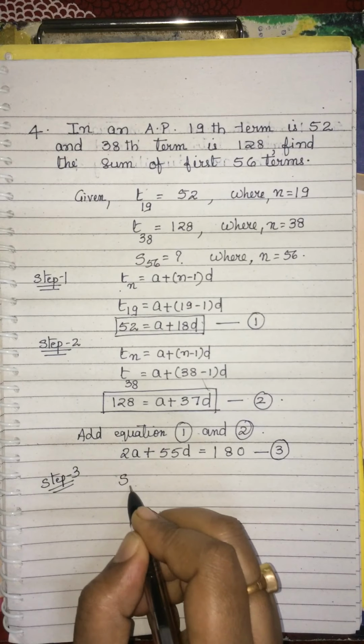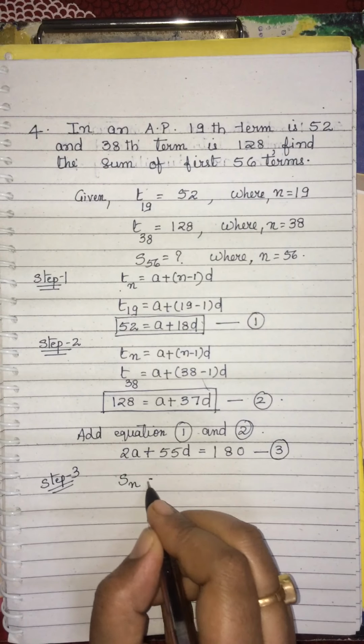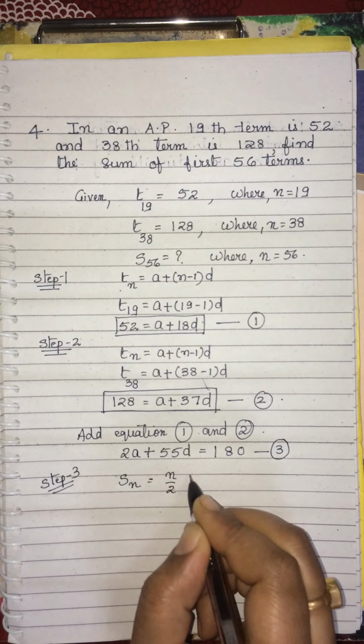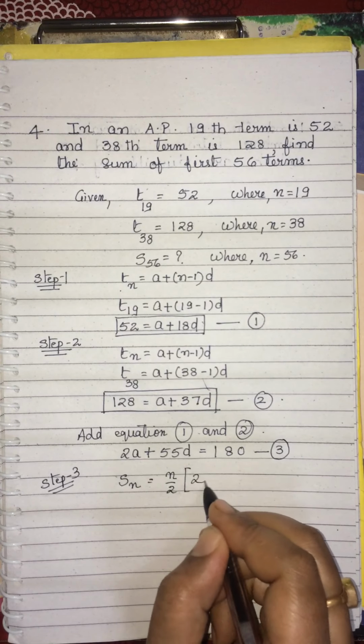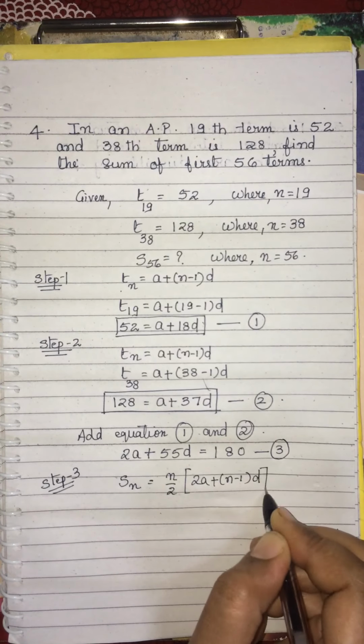Now Sn, they are asking the sum of the first 56 terms. So let us write the general formula first: n upon 2, 2a plus n minus 1 into d.